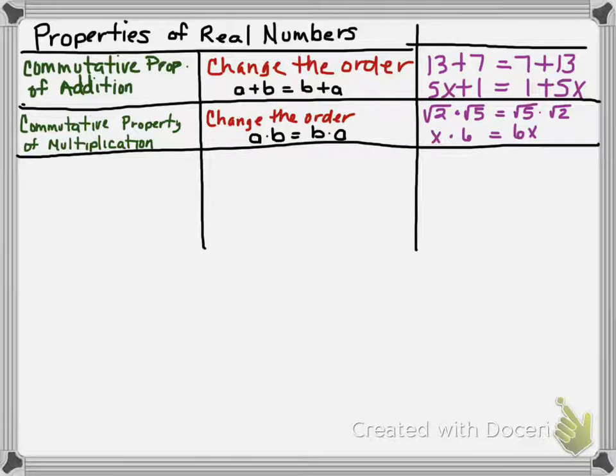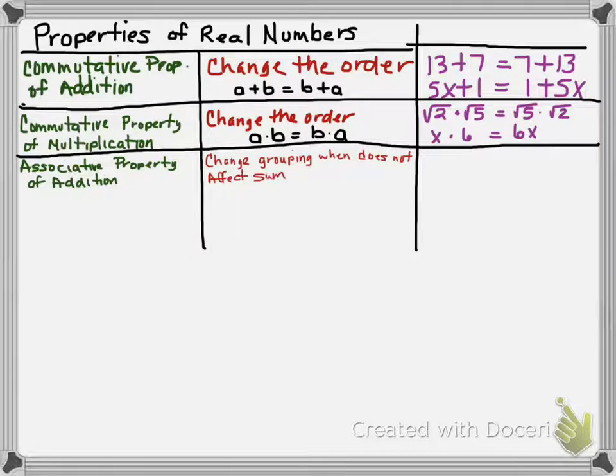So those are the first two of, I think there's 8. The next one is associative. The associative property of addition is the first one we're going to cover. So in this one, we change the grouping but it does not affect the sum.